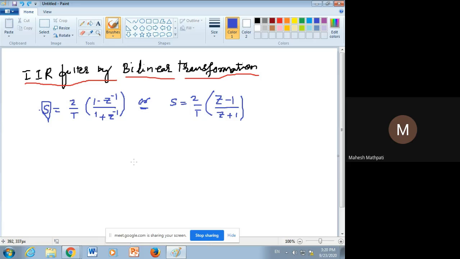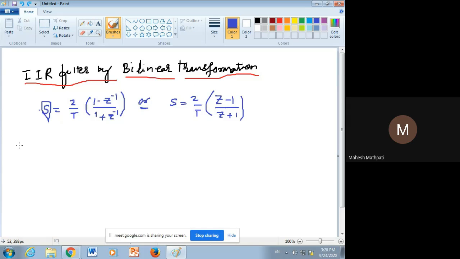Before going to start with the example, we will write steps to convert. Just write the next title as steps to design digital filter using bilinear transform technique.